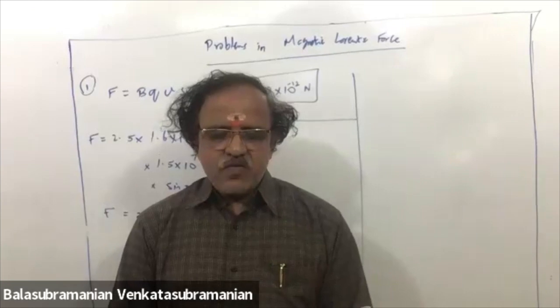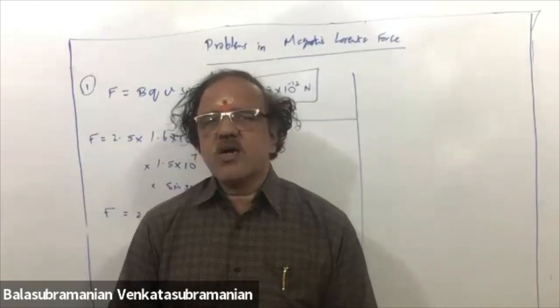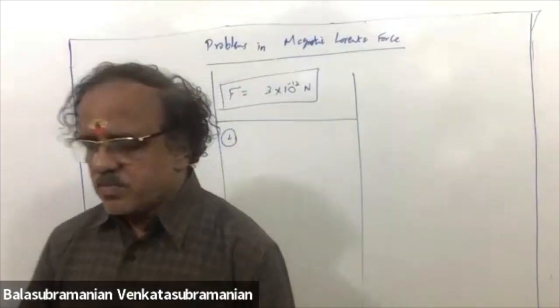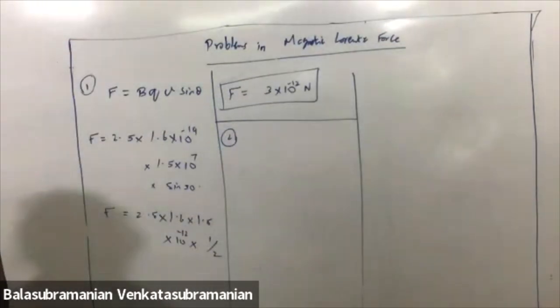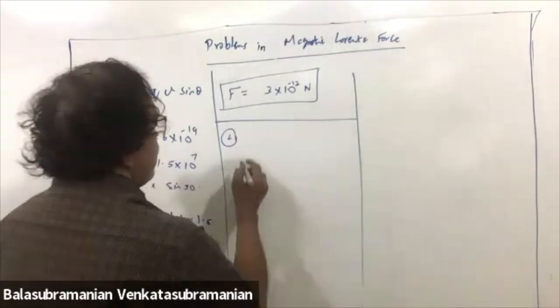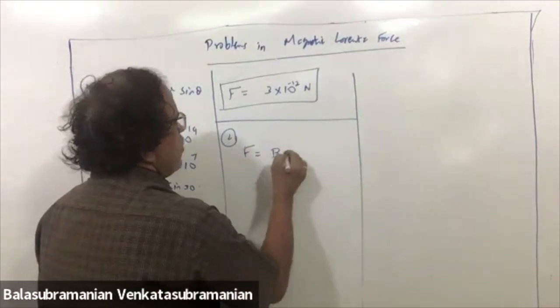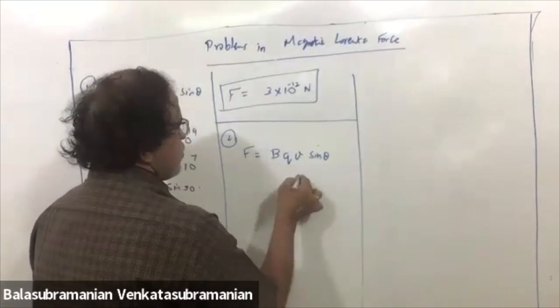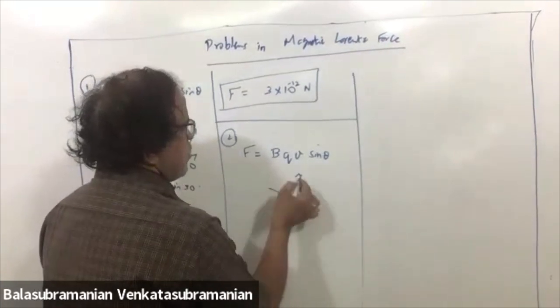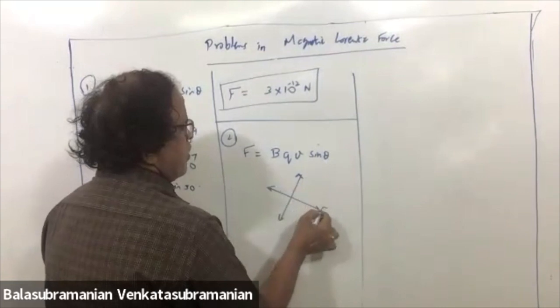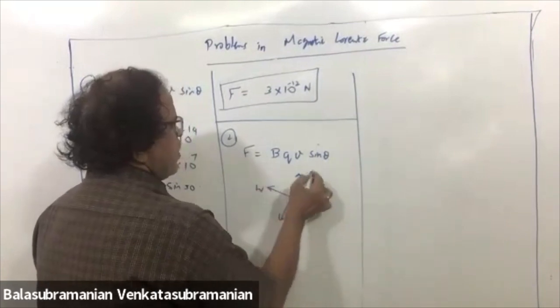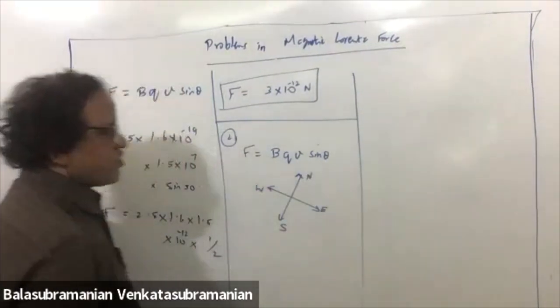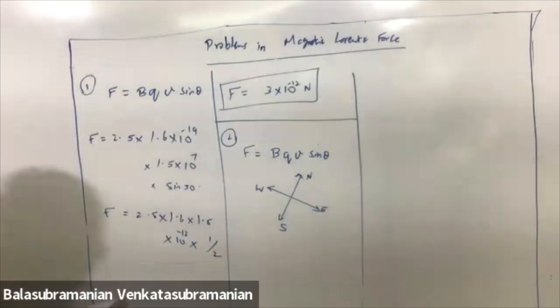Find the magnetic force. F is equal to B q v sin theta. East, west, north, south.